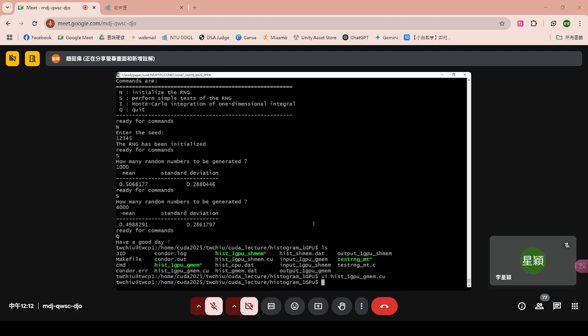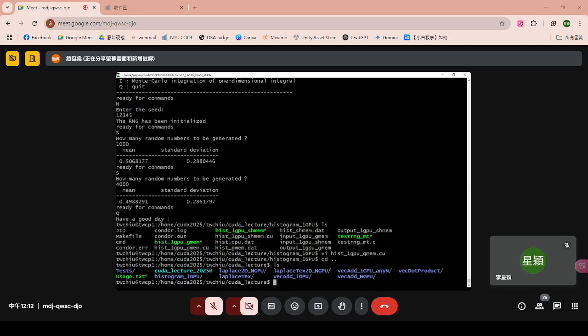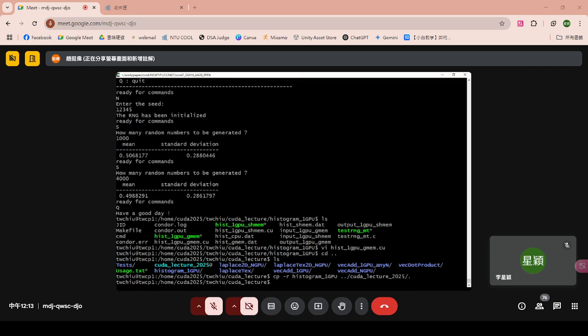No. Let me copy this sample code of the histogram to the file, so that you can read it.